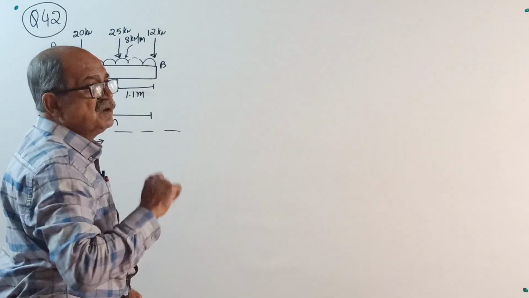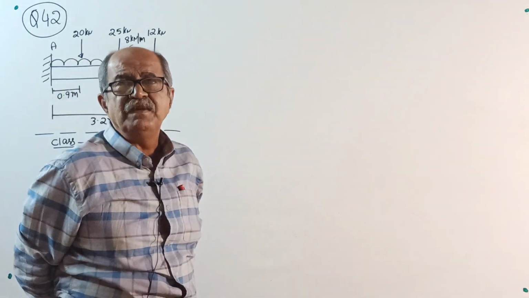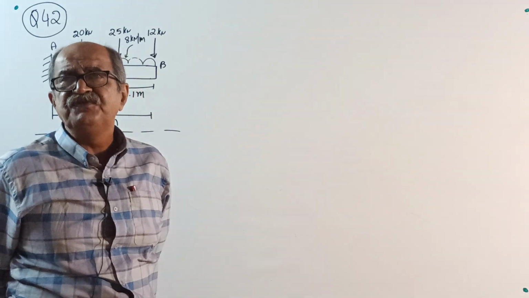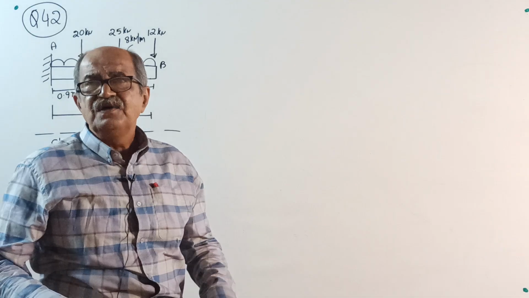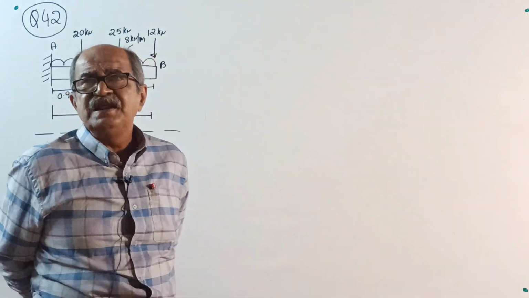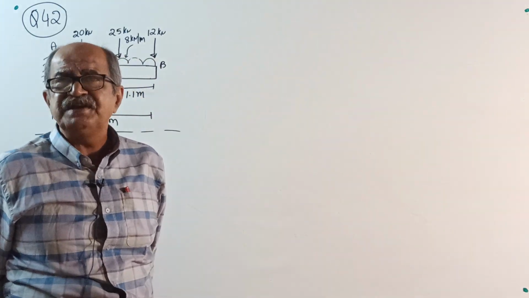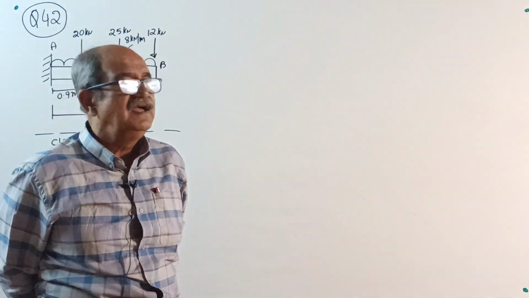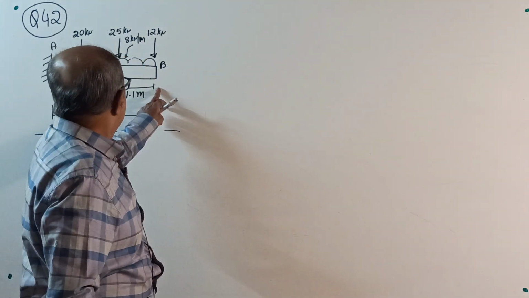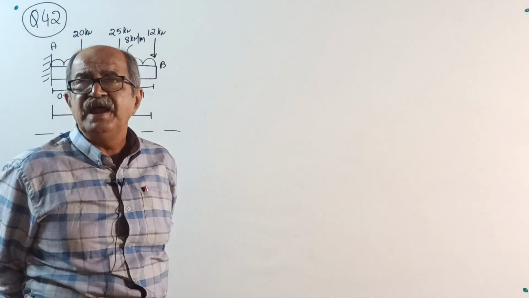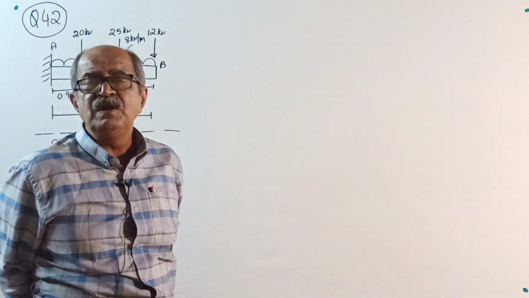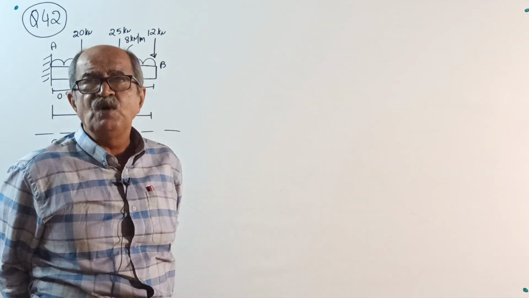Make a note. It is told cantilever beam. Which end is fixed and which end is free is not told. But fortunately, in the question, the distance is not given from the left end or right end. It is given from the fixed end and free end. So it is crystal clear. If it is not told which is the fixed end and which is the free end, and the loads are given with respect to left and right end, it is nonsense.